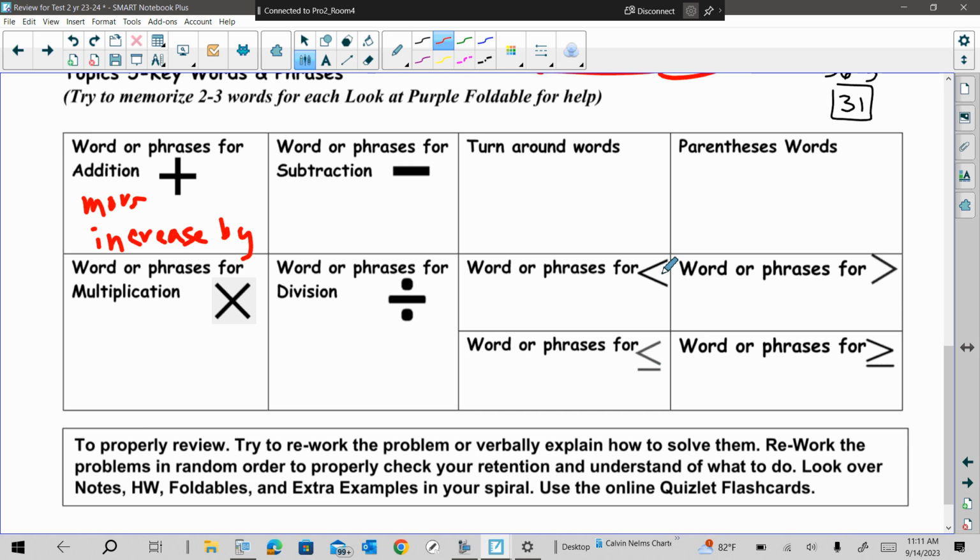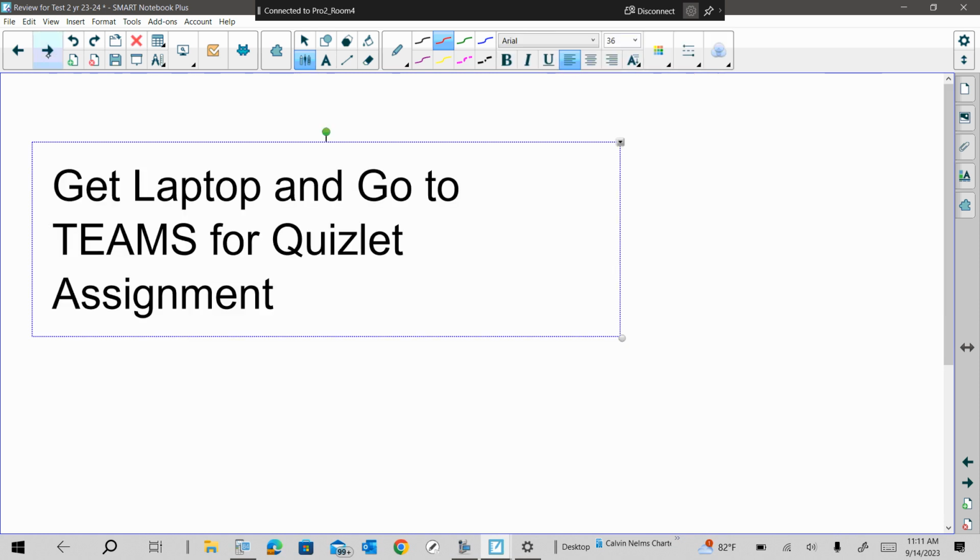All right. So I thought I heard a question. Okay, so here's what I want you to do in class, because it is an in-class check. To help you study, make sure you memorize just your phrases and your words. I created some flashcards on Quizlet. So I want you to get your laptop, go to Teams, and there's an assignment for you to join the flashcard class, okay?